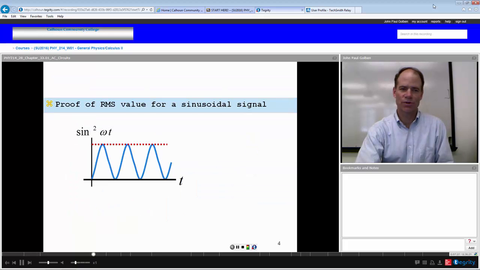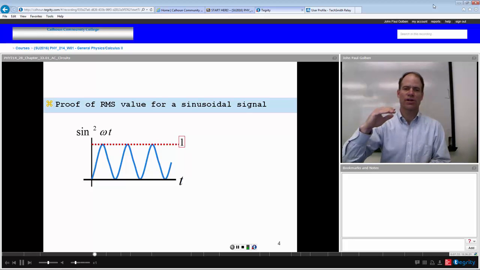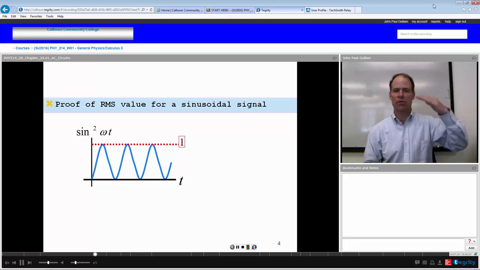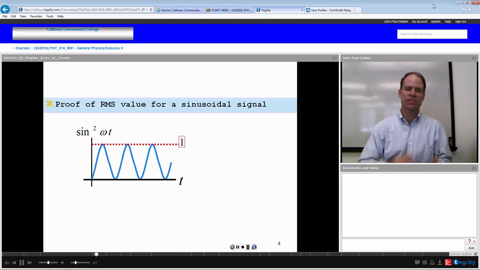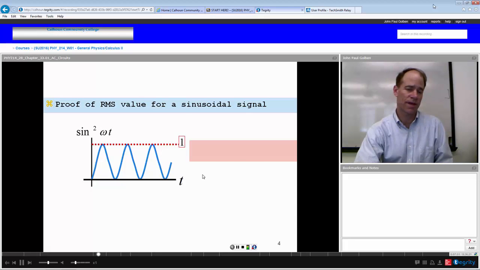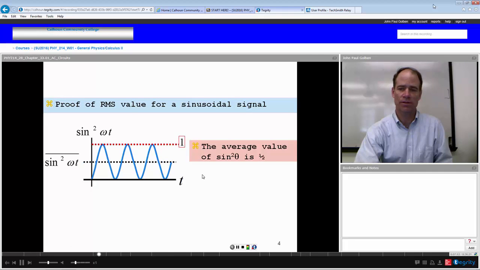We can prove that. We know the sine squared value is going to be bounded by 1 and 0 because the sine is bounded by 1 and negative 1. So when we square it, it's now going to be bounded between 0 and 1, and it's going to be symmetric about those two endpoints. So if I were to try to find the average of this sine squared bounded between 1 and 0, that average would simply be right in the middle at 1/2.